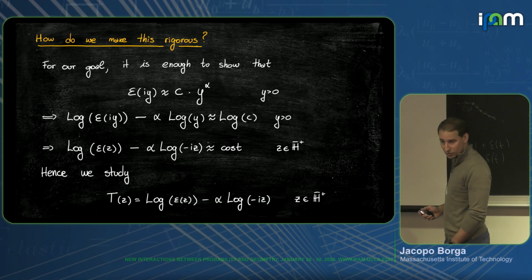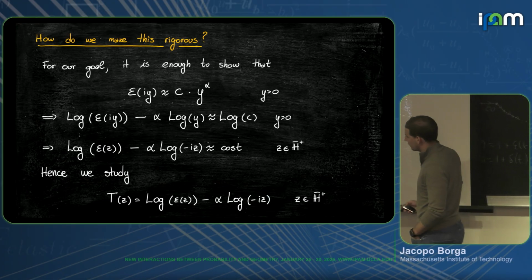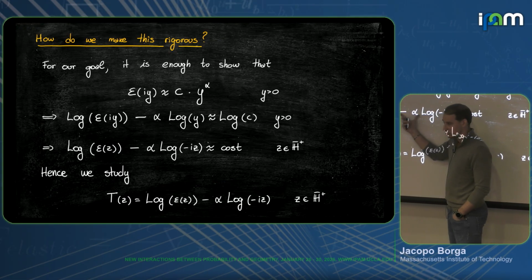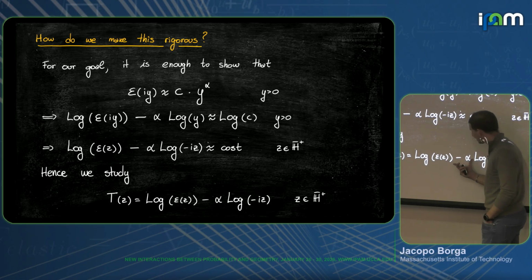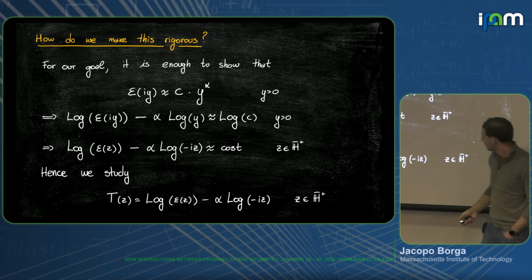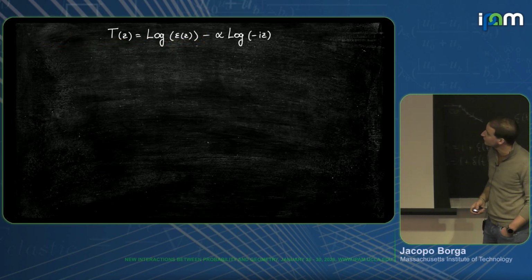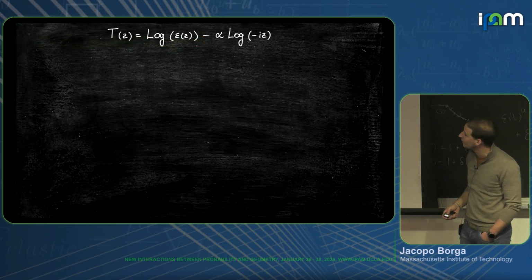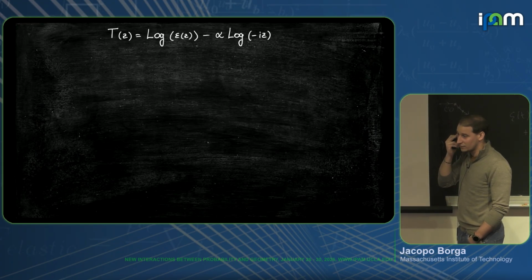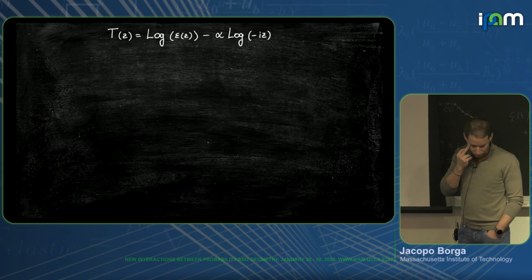OK, so our goal now is to study this function. So we take this function, and we want to study it in order to get this. Our function is log epsilon z minus alpha log of minus iz, and z is in the upper half plane.